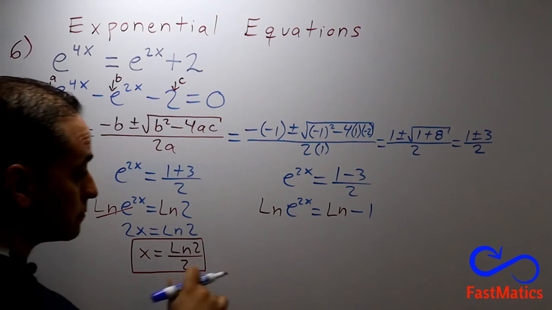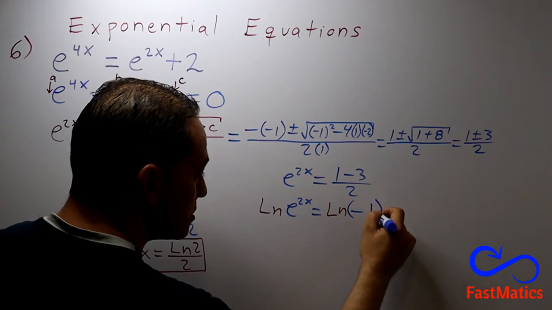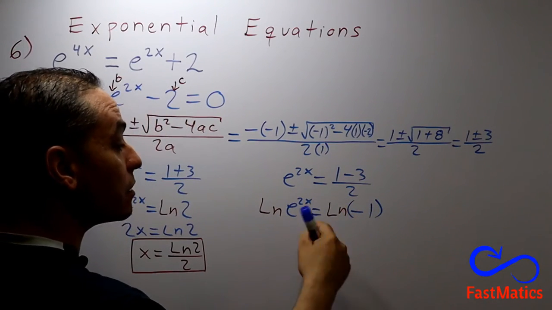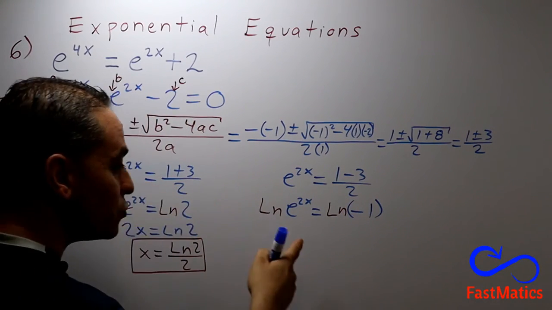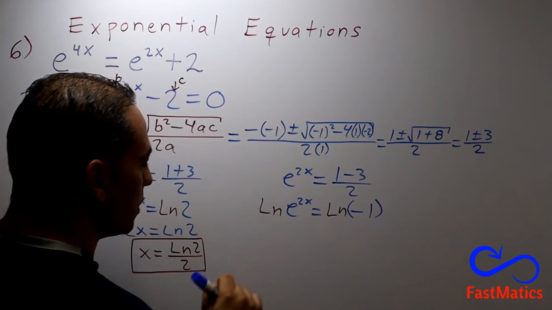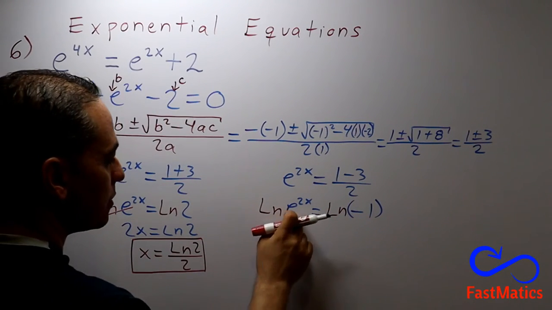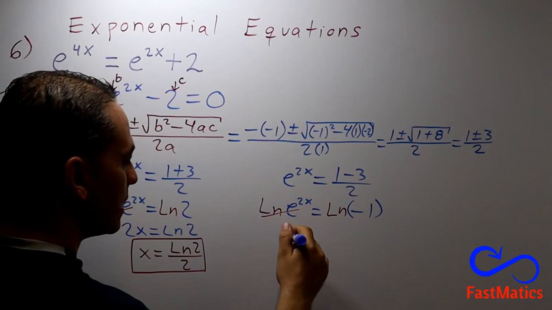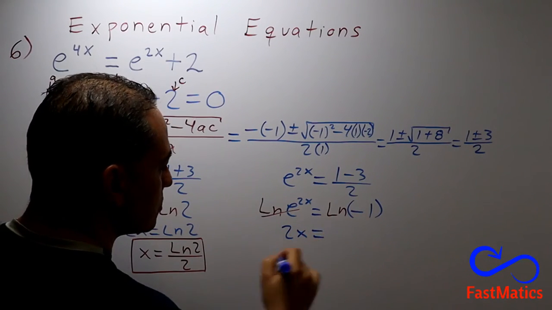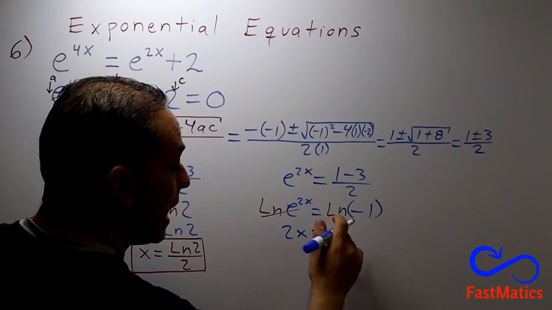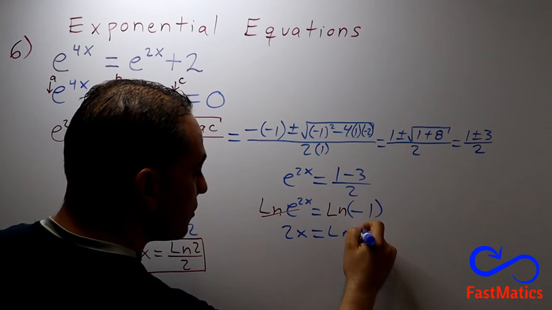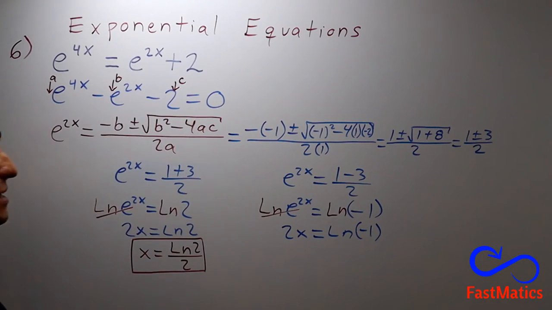Here, I have to put parentheses because we are saying that we are going to calculate the natural logarithm of -1. Then ln with e is eliminated, and we get 2x is equal to ln of -1. But pay attention, please.